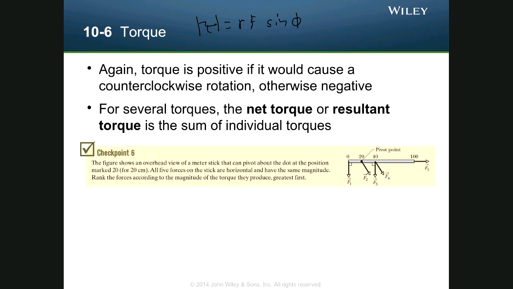We only have one rotational axis here. So take a look at that and see if you can figure it out.